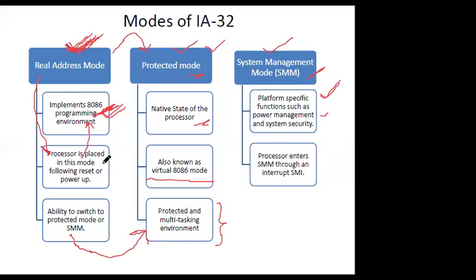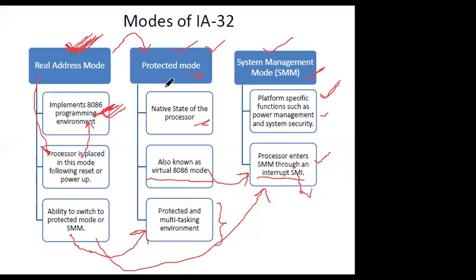To go to system management mode, whether from real address mode or from protected mode, we need an interrupt. The processor needs a special kind of interrupt to get into system management mode, that is SMI, the system management mode interrupt.